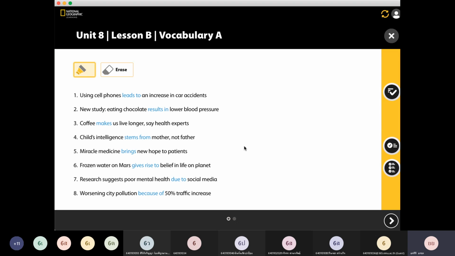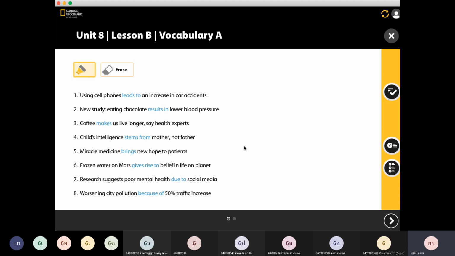It means it depends on what you want to focus on. Do you want to focus on the cause first, or on the result first? When we talk about cause and effect, we use different kinds of words.